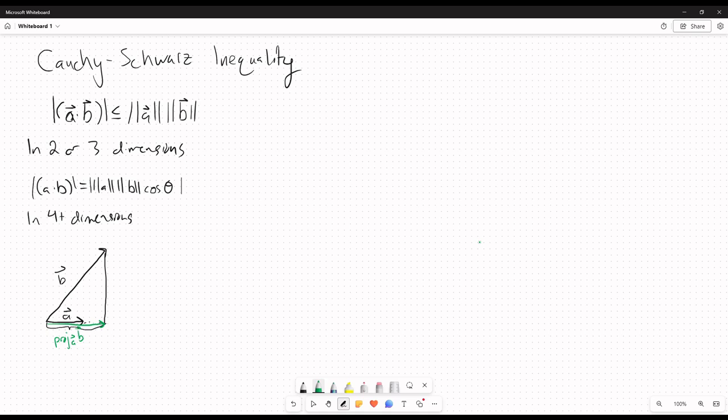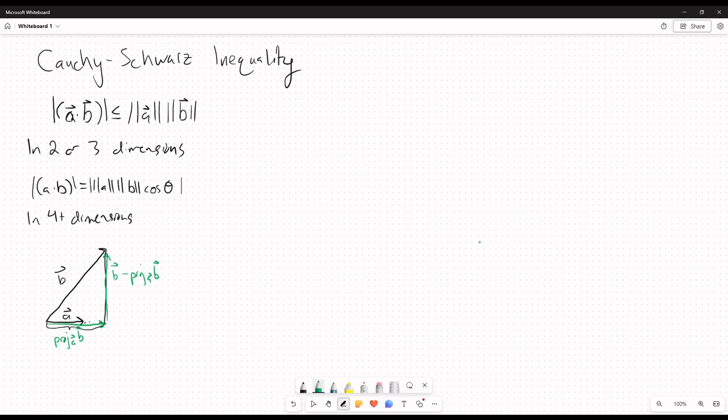So if this is B and this is the projection of B onto A, then this is going to be B minus the projection of A onto B. And we have to figure out which way we want to point the arrow to make that work. So I think that is the way that we'll want to draw that arrow.